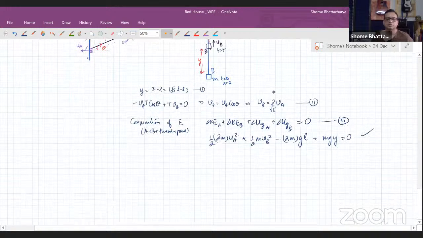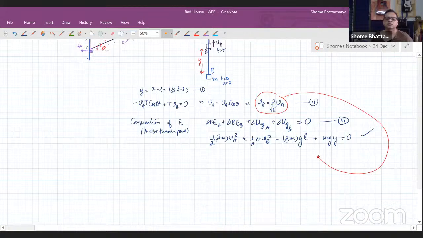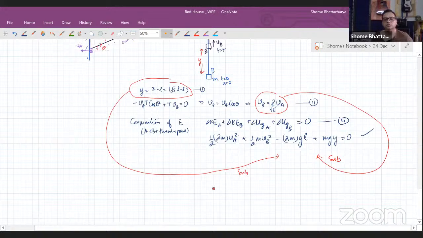Now in this equation, we will substitute VB as 2 by root 5 VA, and we will substitute y as this. So this equation becomes half of 2m VA squared plus half m times (2 by root 5 VA) squared minus 2mgL plus mg times (root 5 minus 1) L is equal to 0.